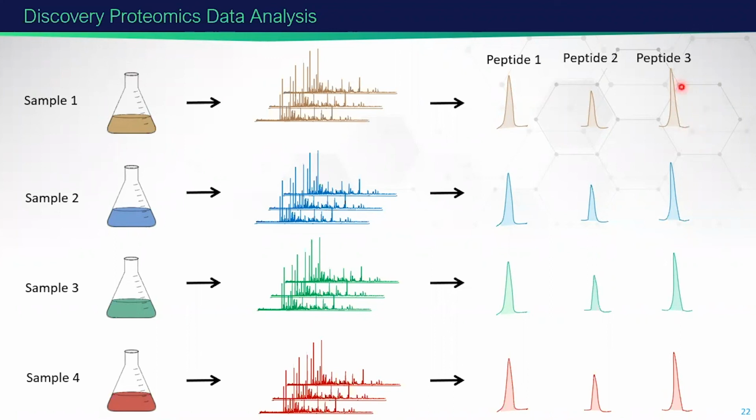So higher intensity may not really mean it has high abundance in the sample. It sometimes may mean it has high response in the mass spec. So just remember, when you compare data between samples, you can compare peptides, but you cannot compare the intensity between peptides, or between proteins.